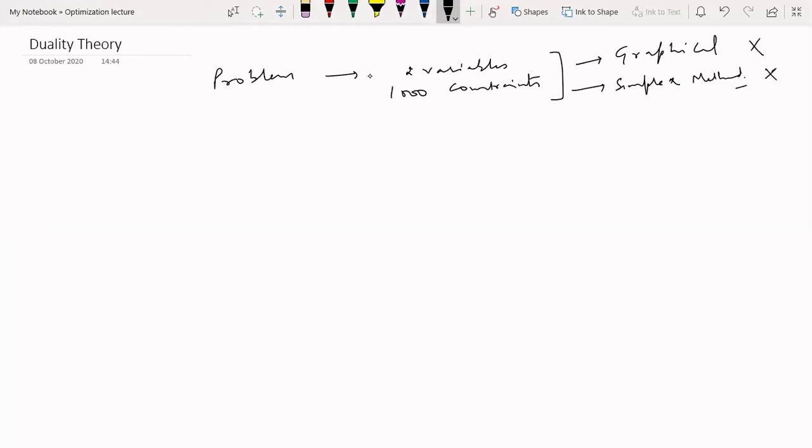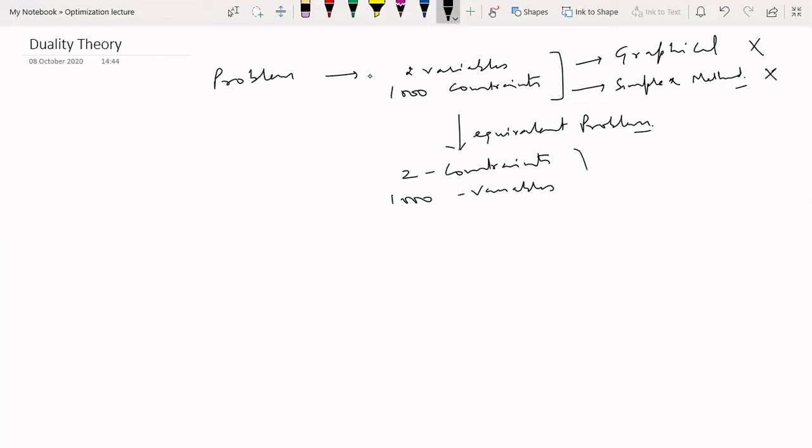So instead of looking directly for the graphical method and simplex method, what happens if I have an equivalent problem with only two constraints and say 1,000 variables?